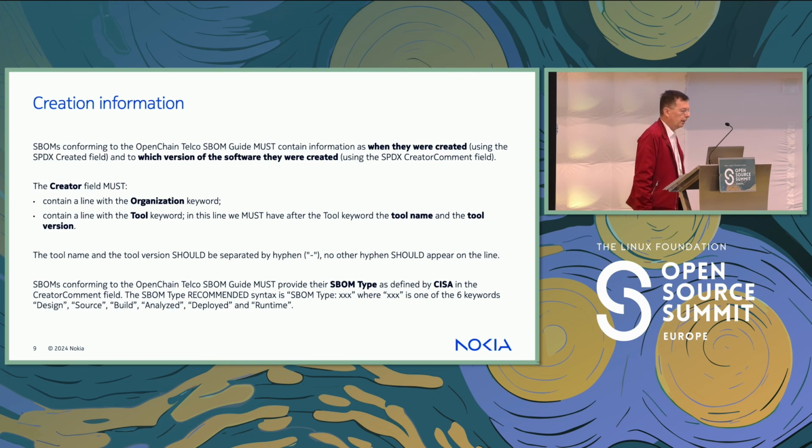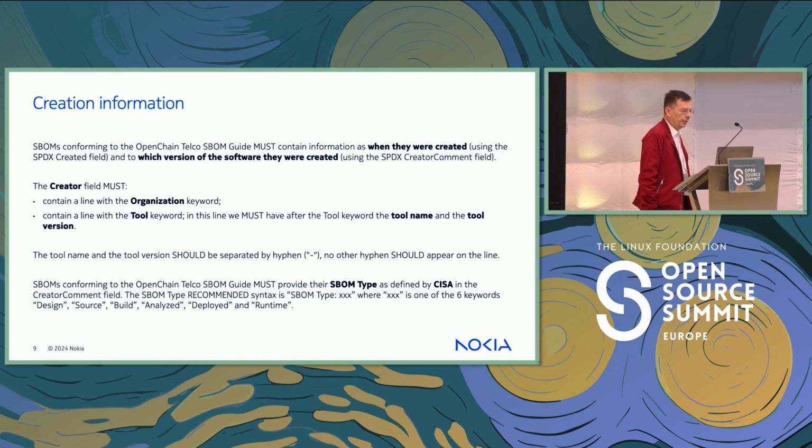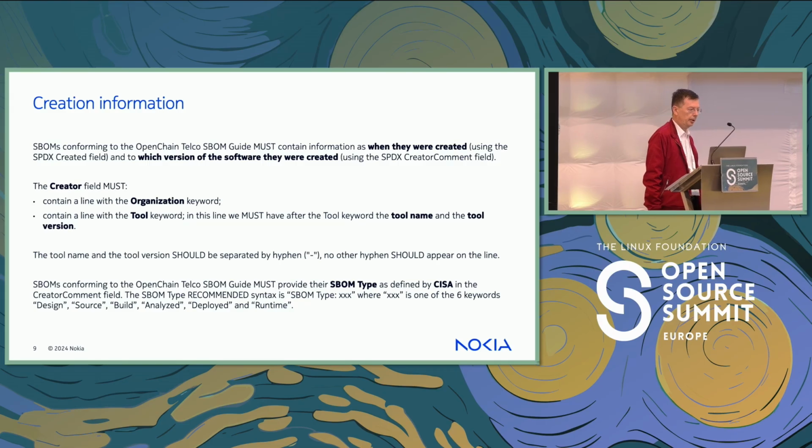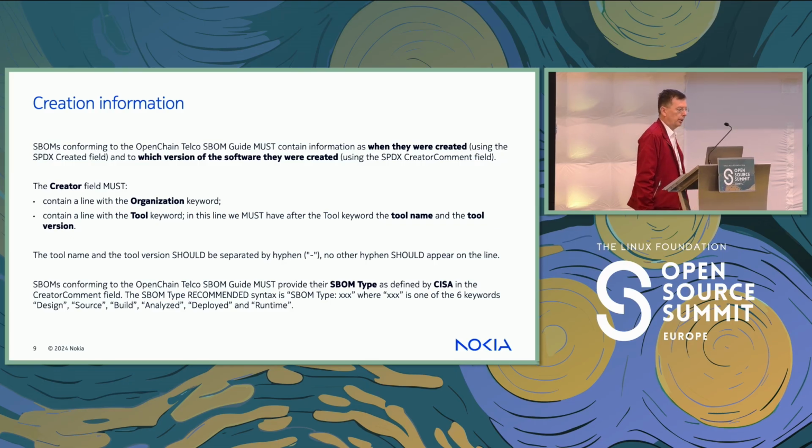So the first thing we have in the SBOM is the information about the creation of the SBOM itself. So the elements that are mandatory are the date when the SBOM was created and the version of software when the SBOM was created.